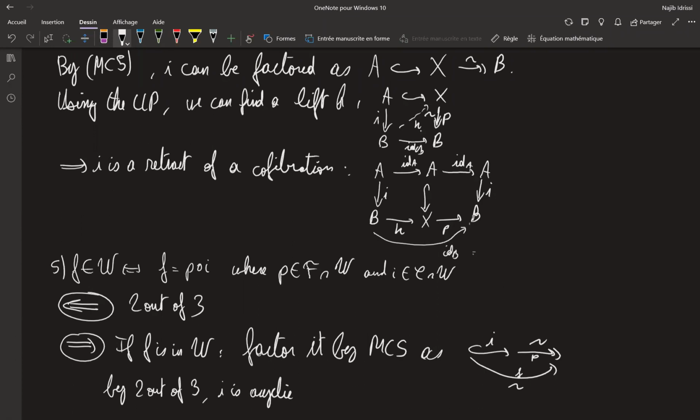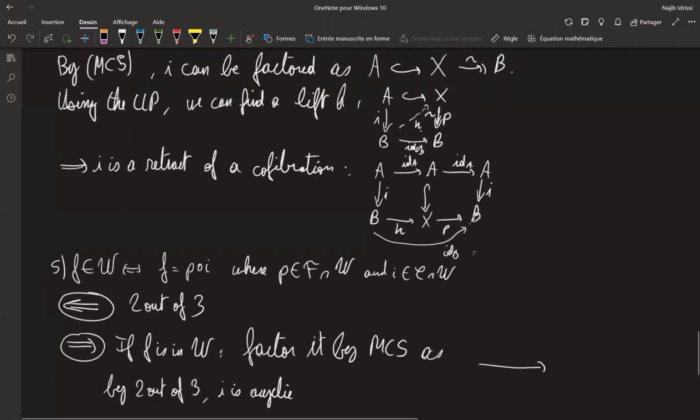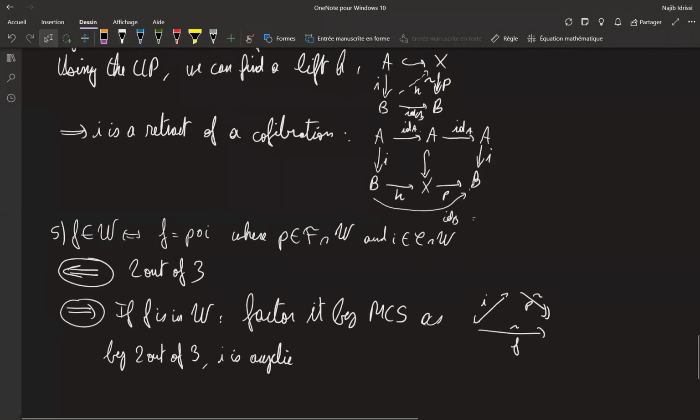All right, because you have a triangle. Maybe I can write it as an actual triangle, right? You have F, which is acyclic. You have I, which is a cofibration, and then you have P, which is an acyclic fibration. 2 edges are weak equivalences. Therefore, the first one is a weak equivalence. Okay? So again, typical proof using model categories.